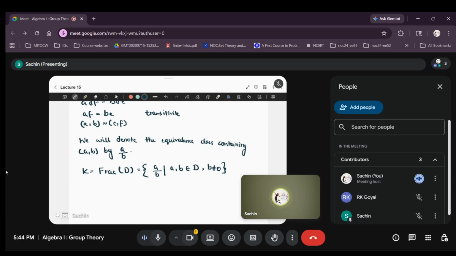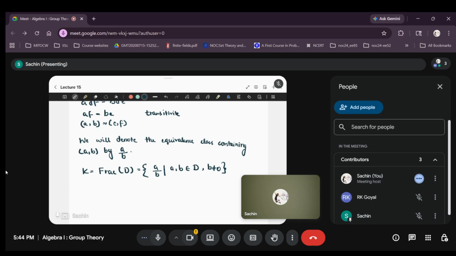We treated it the same as Zn, because they were isomorphic. So instead of always writing the equivalence class containing 0, equivalence class containing 1, we treated it as 0 and 1 and said that we'll simply do mod n arithmetic when we are multiplying or adding. And everything worked out there.